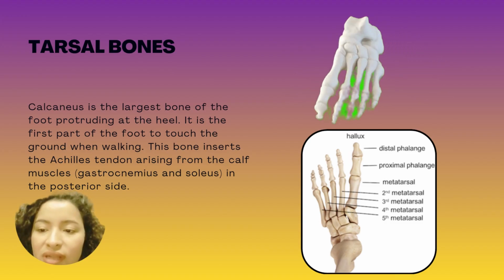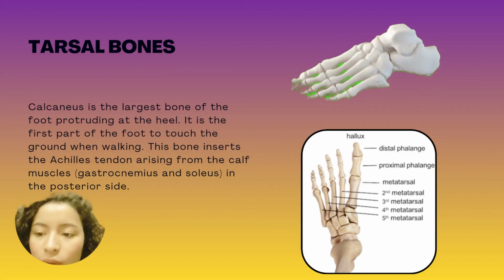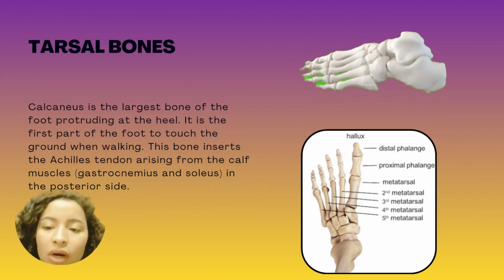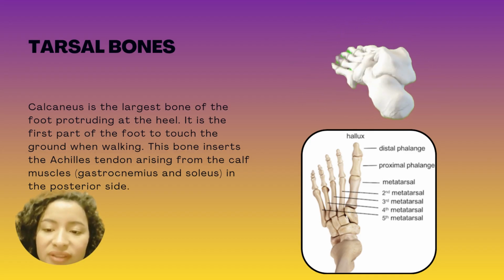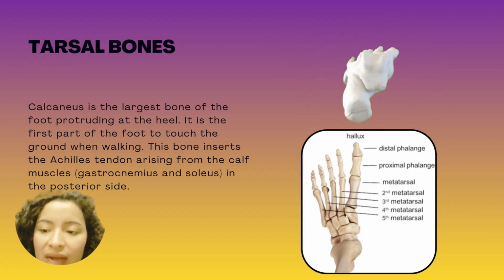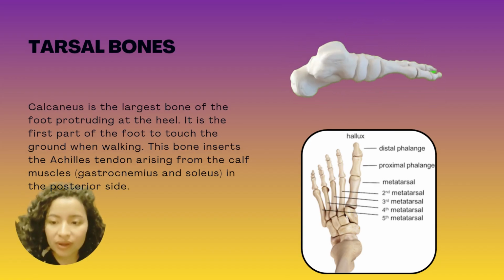These muscles extend the ankle and flex the foot when resting the body on the balls of the foot. In the anterior or articular side, the calcaneus has a convex shape and faces the posterior side of the talus.